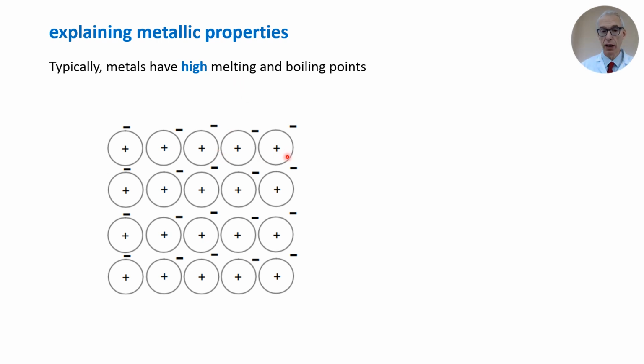Here is our idea of the lattice of positive ions surrounded by delocalized electrons. Could you suggest a reason as to why these ideas will produce high melting and boiling points for metals? Pause, write something down, come back to correct when you are ready.